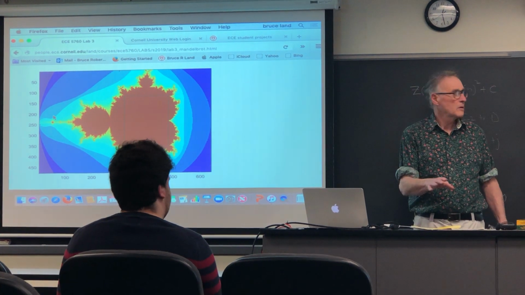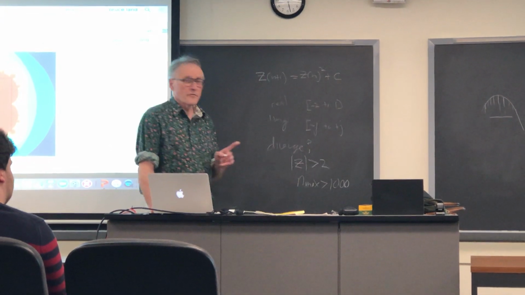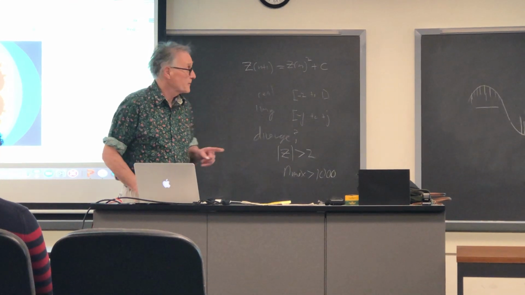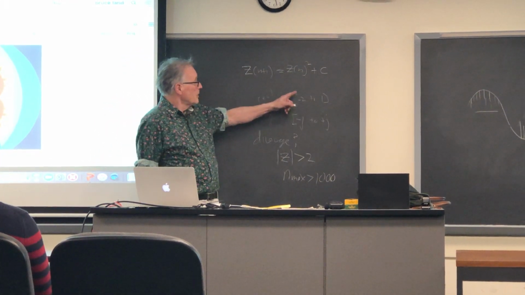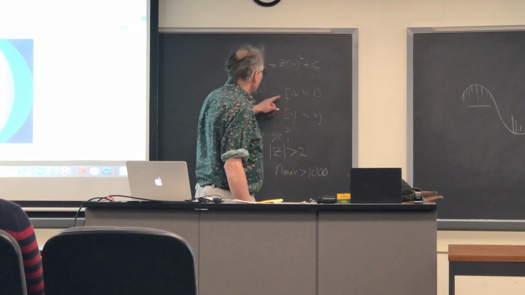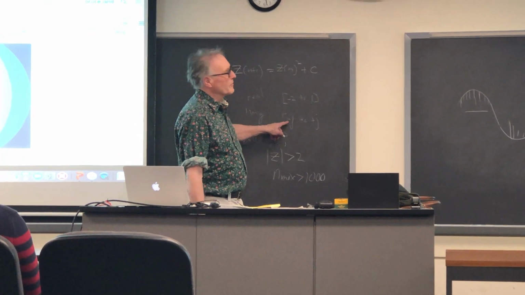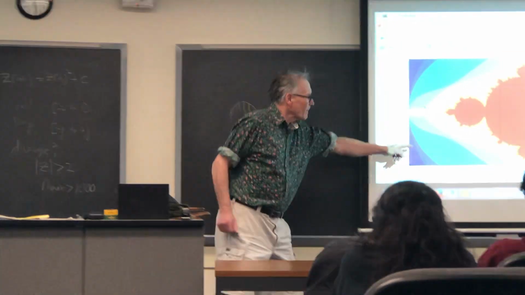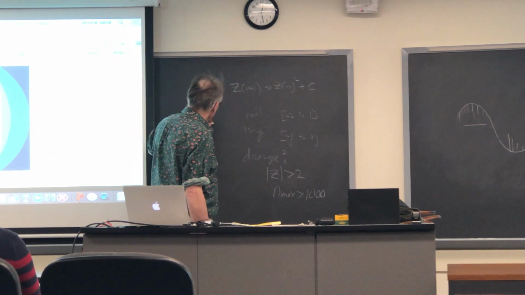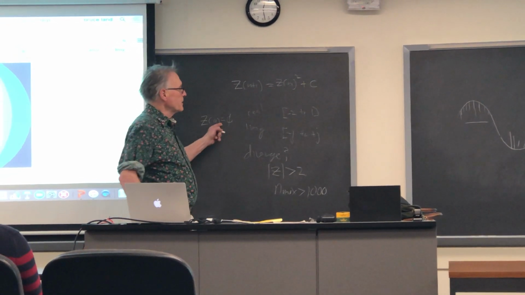Thank you. So what you're going to do is, for every point on the complex plane, in other words every pixel on the screen, set a C equal to the real and the imaginary part of the number mapped into that pixel, and then set Z0 equal to 0.